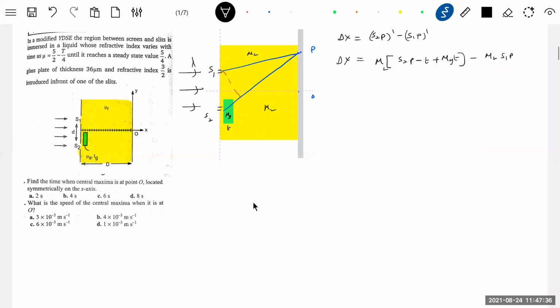Okay, we have only this much of the equation. After this, what are you going to do? Okay, this one: delta x equal to mu L S2P minus S1P. This is the one equation.